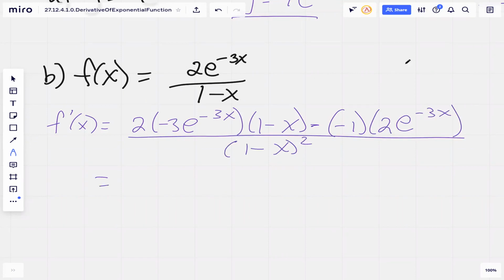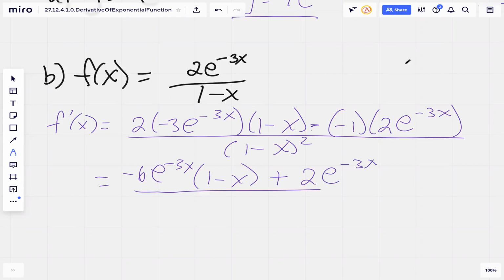Okay, so now let's simplify the numerator and see what happens. So we have negative 6 times e to the negative 3x times 1 minus x plus the negative here and the negative 1 give us a positive 2 times e to the negative 3x. Good. All over 1 minus x all squared.